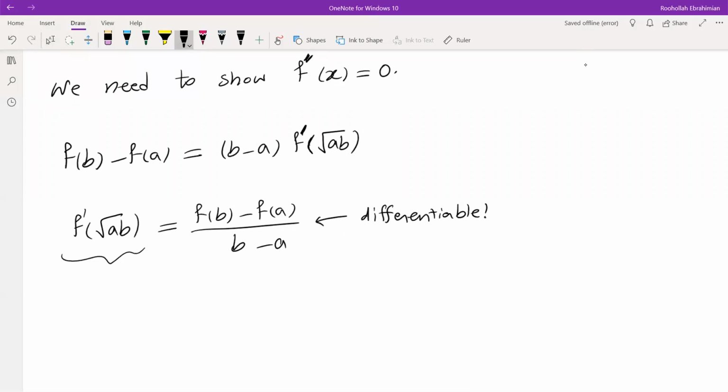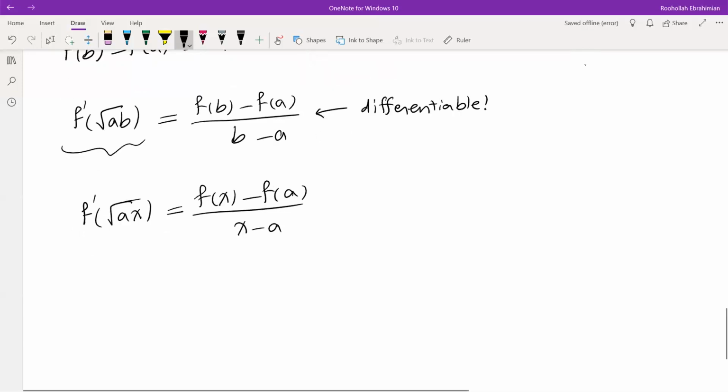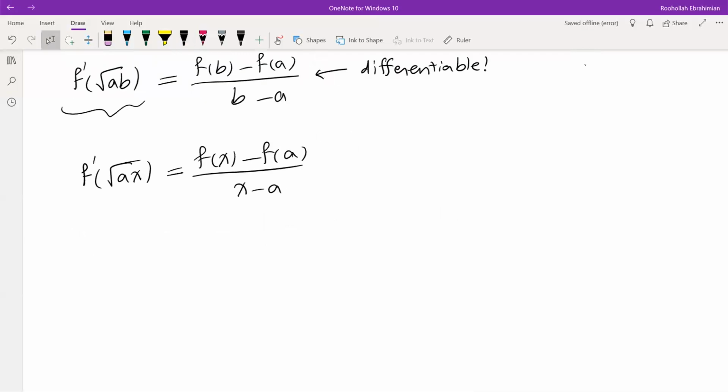Then I wrote it down in this form: f prime of root ax equals (f(x) minus f(a)) over (x minus a), so that I can differentiate. And I differentiated that, and then I couldn't see how I can prove that f double prime is equal to 0. At this point, I was not successful in proving that f double prime is 0.